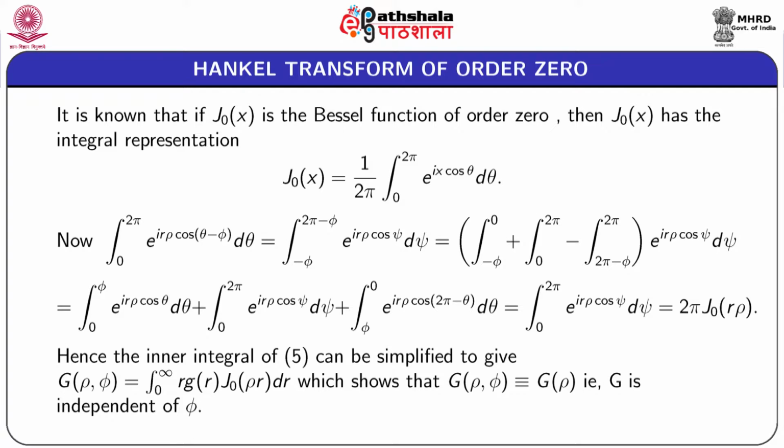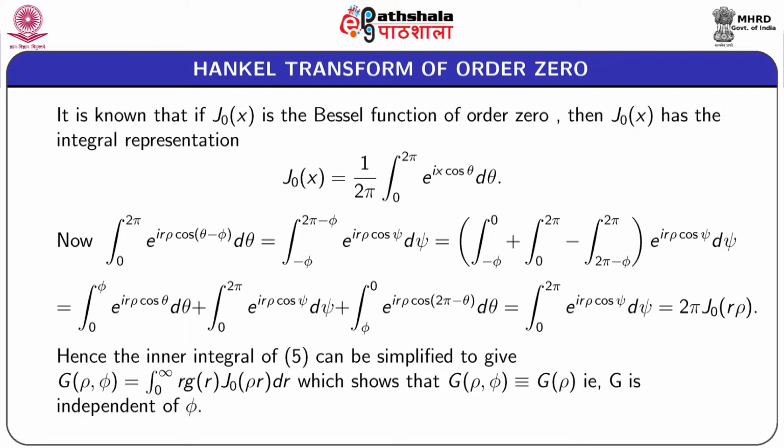Now the psi integral from minus phi to 2 pi minus phi can be broken into 3 integrals: minus phi to 0, plus 0 to 2 pi, plus 2 pi minus phi to 2 pi, and the integrand is e to the power i r rho cos psi d psi.